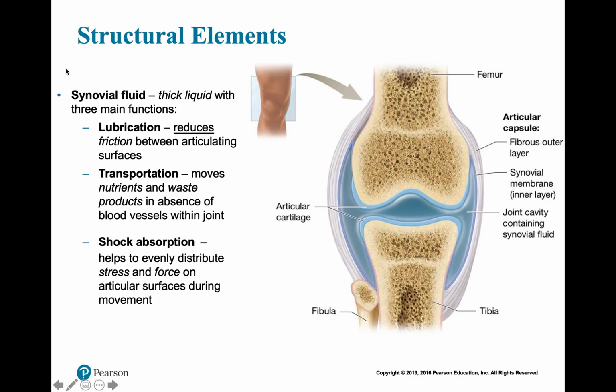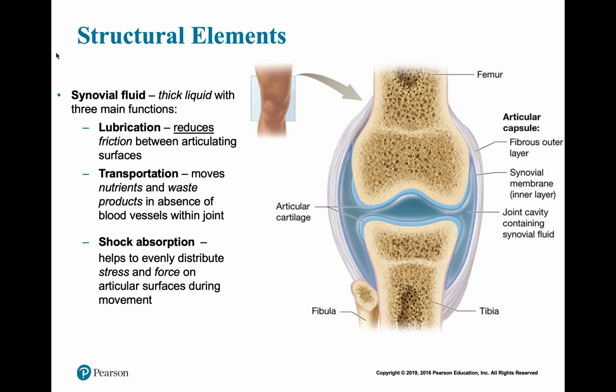Now, the synovial fluid, we have already kind of talked about these functions, but I'll go through it again with this slide. Remember, those synovicytes, those modified fibroblasts, secrete synovial fluid, and that synovial fluid fills the joint cavity. It has a consistency of egg whites, so it's very slippery.